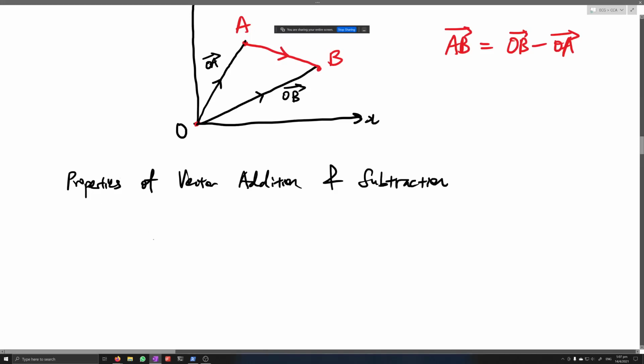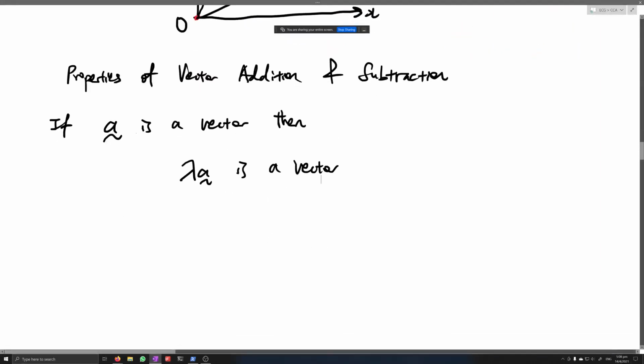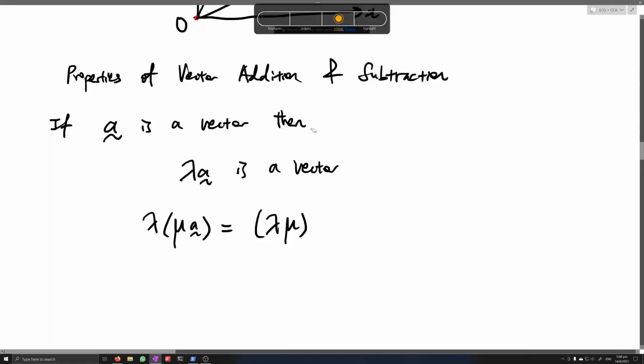If A is a vector, then you also have lambda A is a vector, because lambda is just a scaling along the same direction. Lambda of mu A is equal to lambda mu A. This one is quite simple to understand.